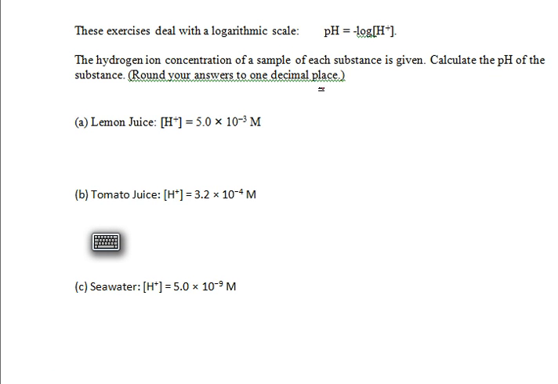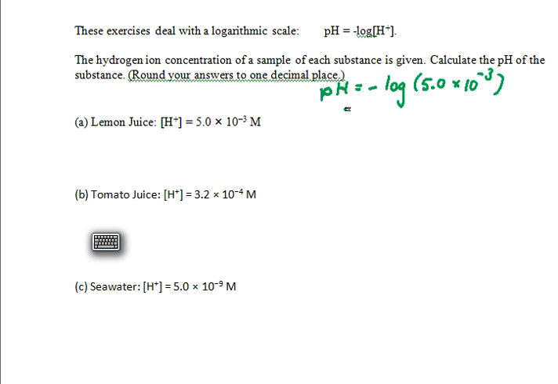So for the pH of lemon juice, we will have the opposite of the log of 5.0 times 10 to the negative 3.